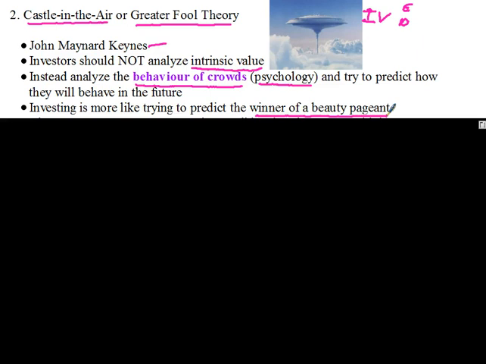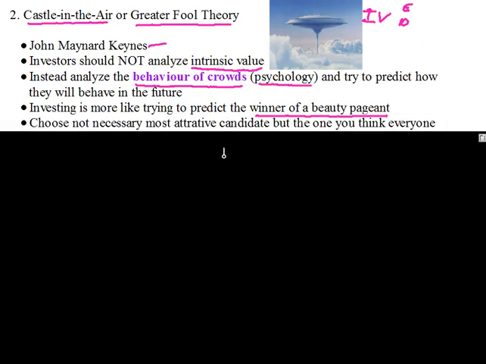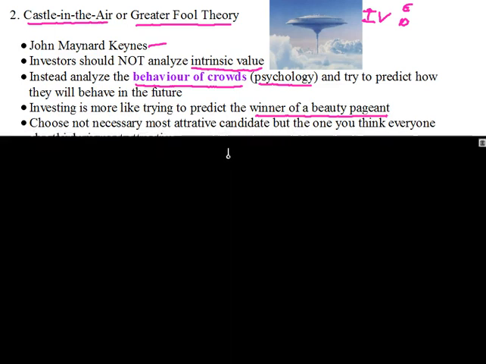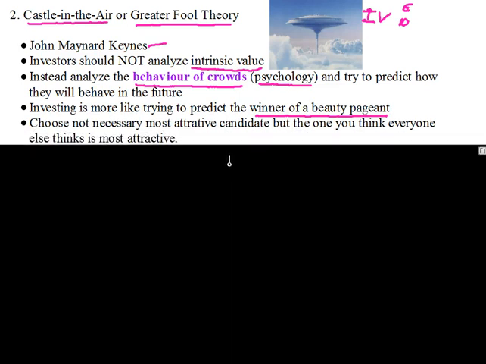So instead of trying to figure out who's the prettiest, you're trying to figure out who everybody else is going to think is the prettiest. Okay, so that's kind of a confusing concept. Maybe another way of saying that is, don't bet on the most attractive candidate, but bet on the one that you think everybody else thinks is the most attractive. It's what everyone else thinks that's going to drive the market.